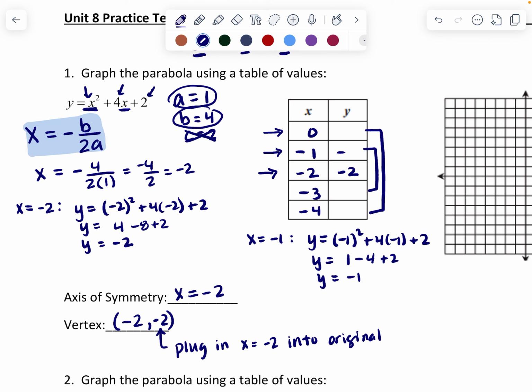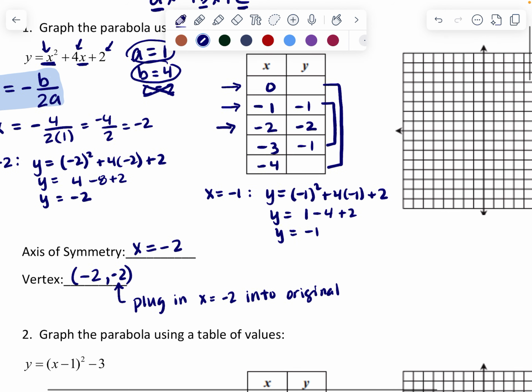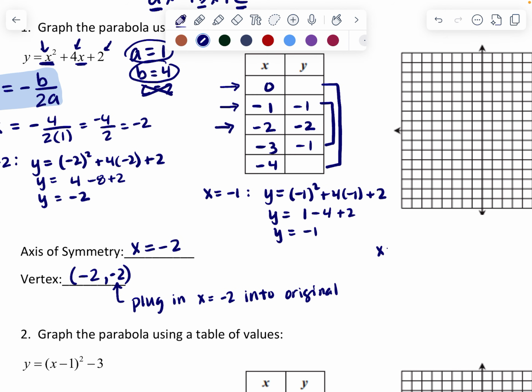So this came out to be negative 1, which means that this is going to be negative 1 as well. Now let's plug in the 0. I'm running out of room here. I'll do it over here. If x equals 0, again, I'm going to replace these x values here with a 0. So I'm going to get y equals 0 squared plus 4 times 0 plus 2.